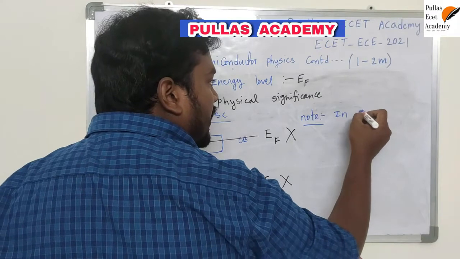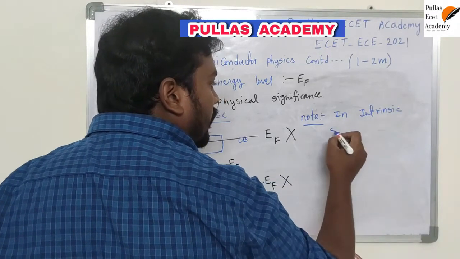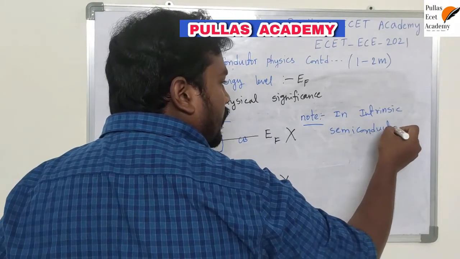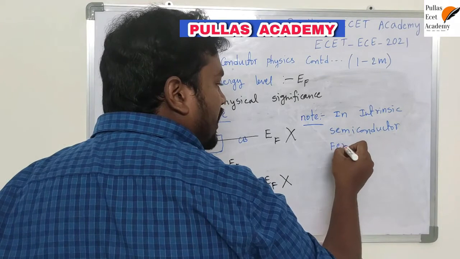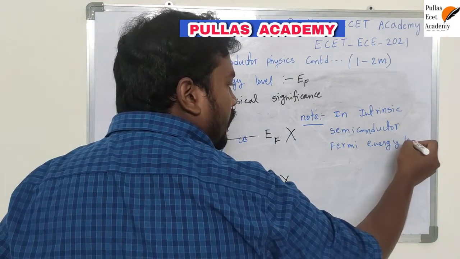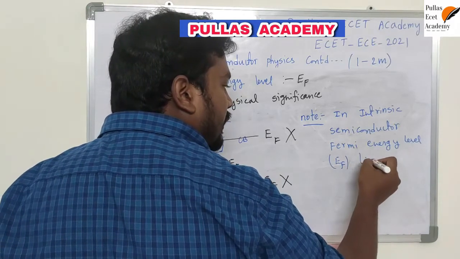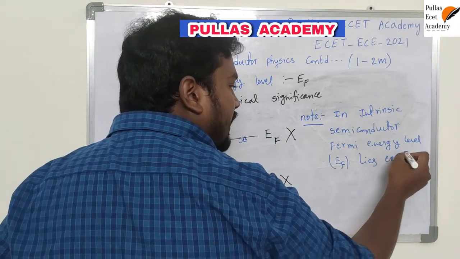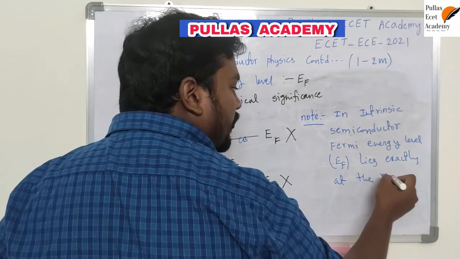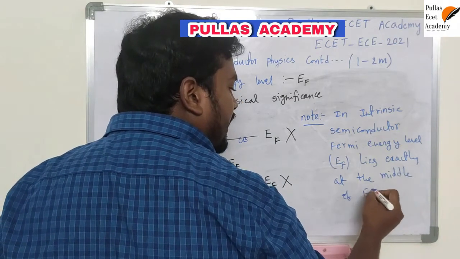In an intrinsic semiconductor, the Fermi energy level EF lies exactly at the middle of the energy gap.